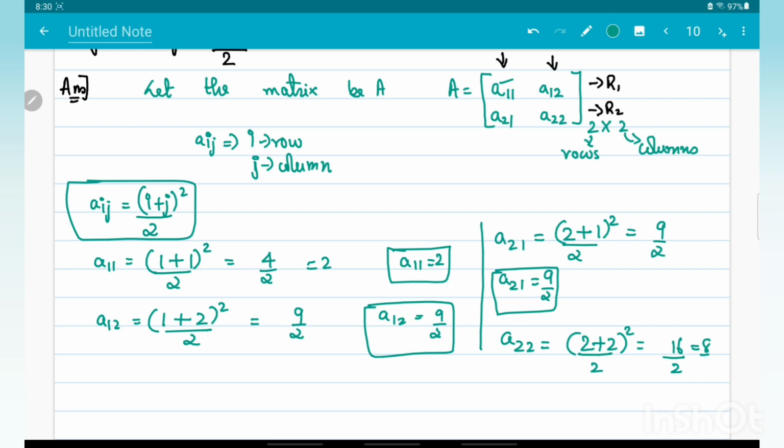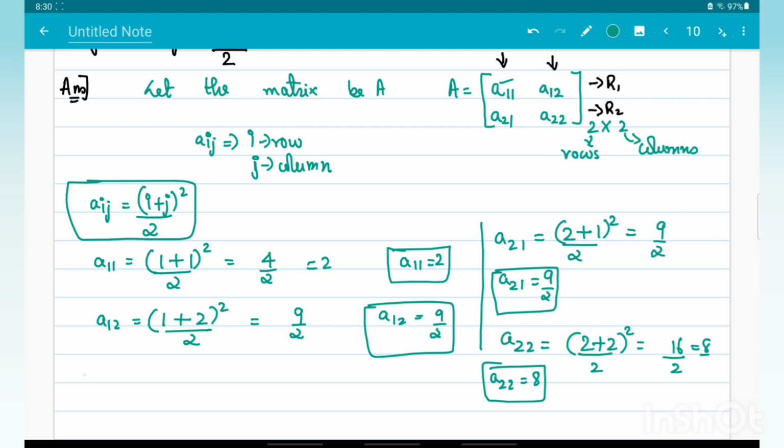Okay, so this is your A22 element. So I have found the different elements over here, A11, A12, A22 and A21.